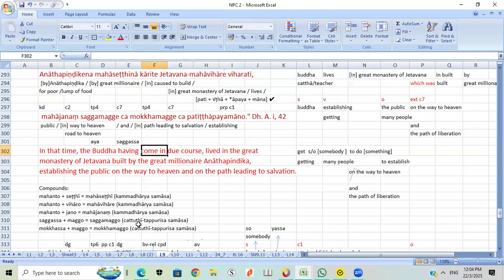Chatuti is fourth. Chatu is 4. Chati Taprisa is 6.